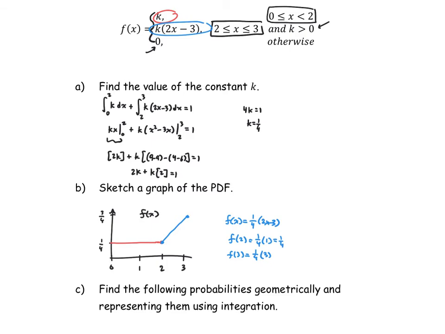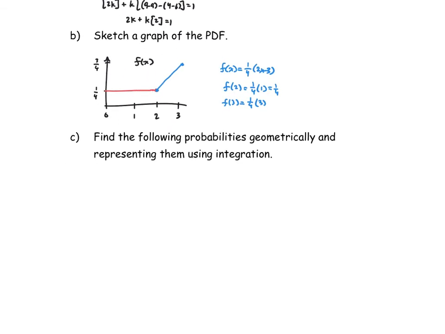All right, let's take a look at the following probabilities, of which clearly I failed to write these out. Okay, so our first probability we're going to find is the probability that x is less than 2. The probability that x is less than 2 is going to be the area from 0 to 2. Now, just because it's less than 2 doesn't mean that it's any different than if it were less than or equal to 2, because the area at 2 does not actually have any width, we don't have to consider that.